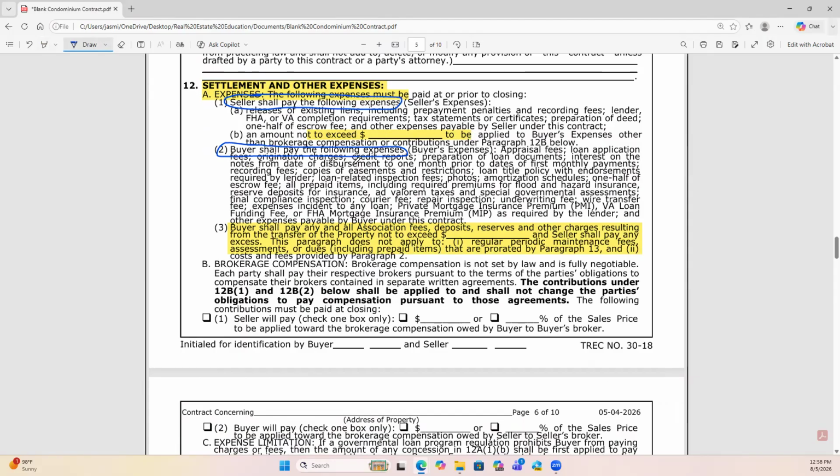Once we get down to 12B, we need to know who's going to pay the fees and deposits to the association. Again, with the other contracts, we are marking in paragraph 6 if we are or are not included in a mandatory membership association. And at that point, we would add the mandatory membership association addendum.